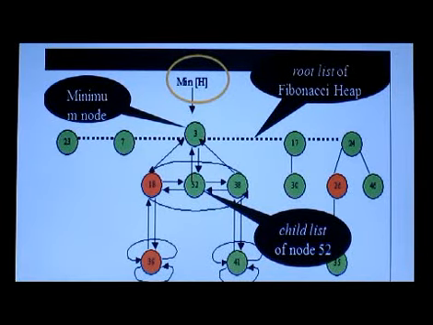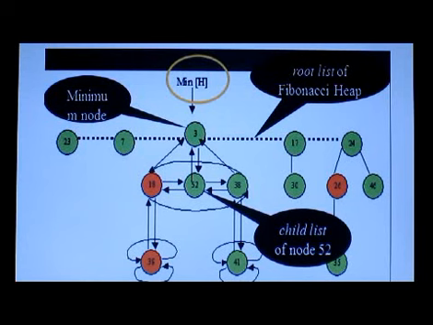Here's a sample of a Fibonacci heap. A Fibonacci heap is a collection of trees satisfying the minimum heap property, that is, the key of a child is always less than or equal to the key of the parent. This implies that the minimum key is always at the root of one of the trees.